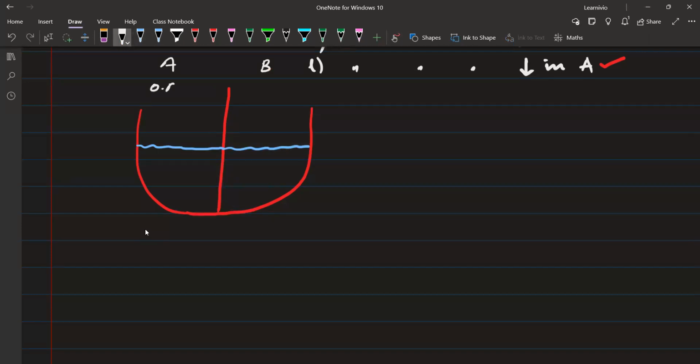Here you have 0.1 molar, ठीक है, कुछ भी है 0.1 molar. And here we have 0.2. Now, try to understand. If the concentration is higher in B, we have more solute particles. If we have more solute particles, the vapor pressure will be lower here. So this will be a region of low vapor pressure. B position will be a low vapor pressure.